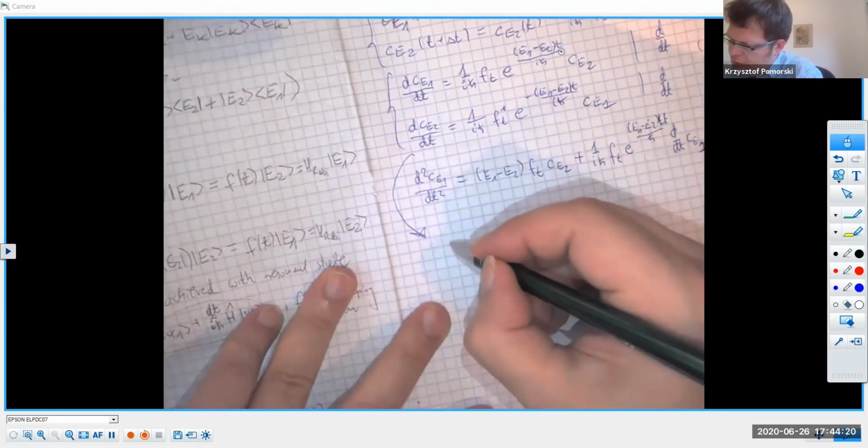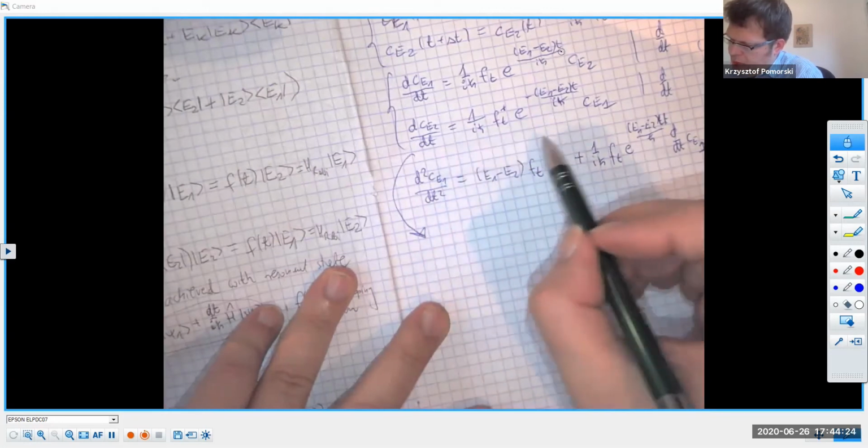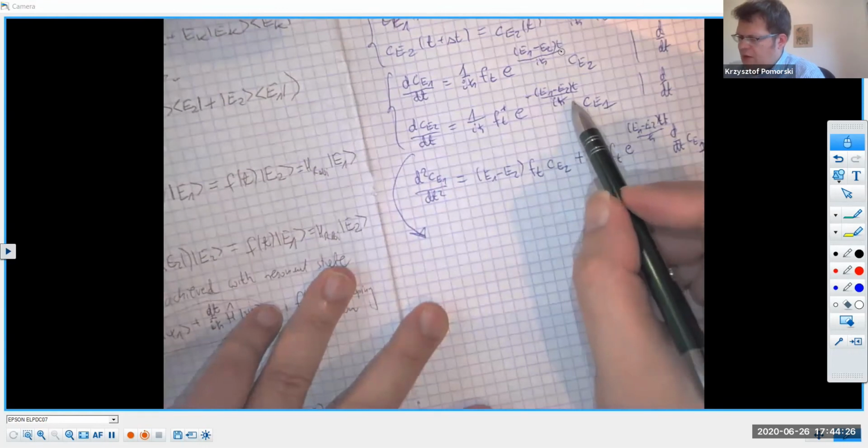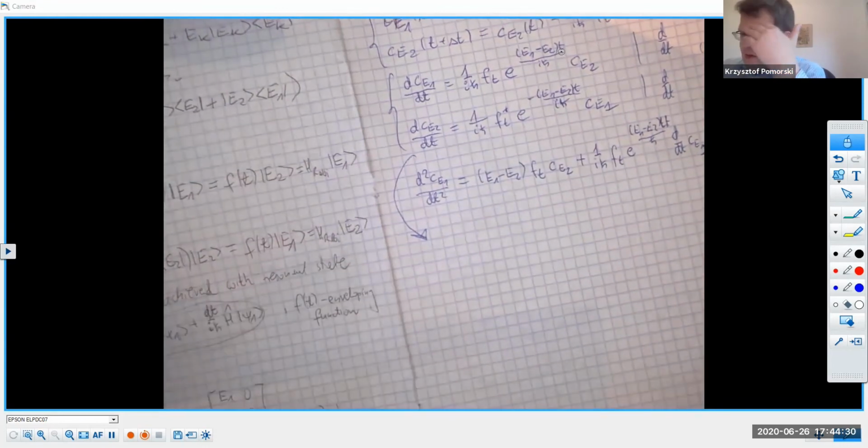So if I place C1 here, I will have harmonic oscillations between eigenenergy levels.